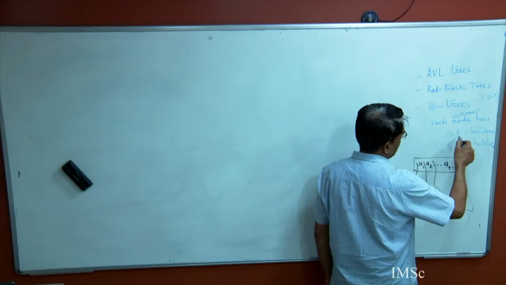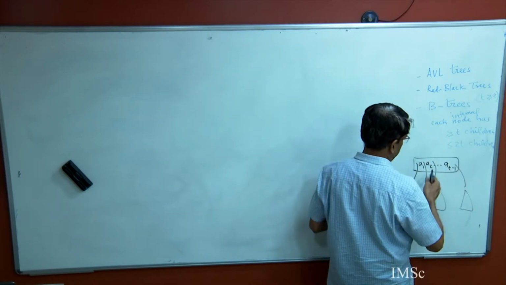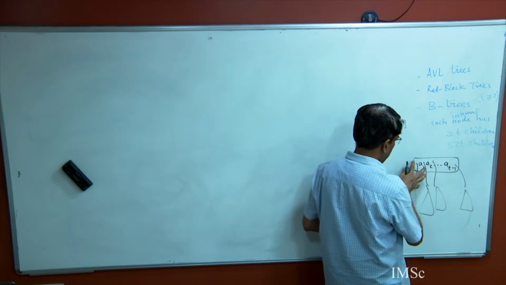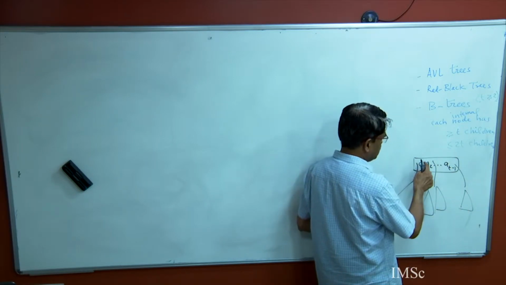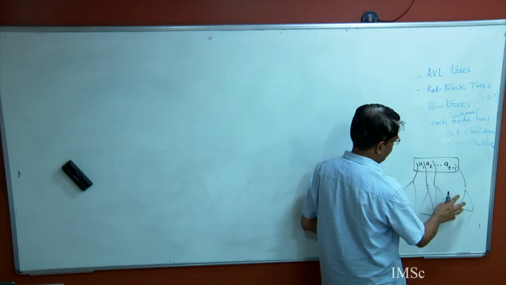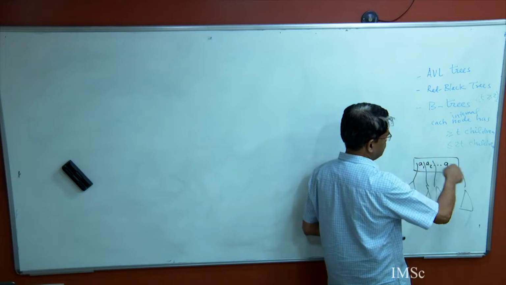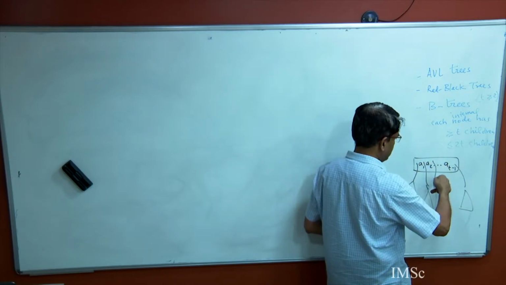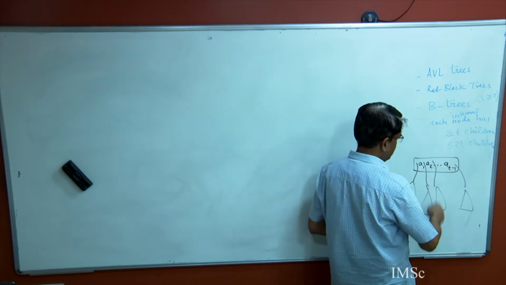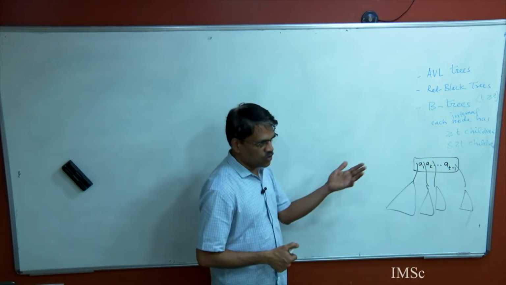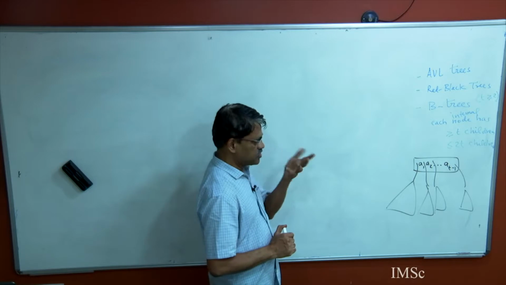At least t children, so you could have even more. If you have k children, then you will have k minus 1 keys. All the values here are less than or equal to this, anything here is between this, and so on. So the search is again easy. You just do a binary search here to say where to go in and keep doing it. And the height is log n to the base t. So overall it's log n to search.